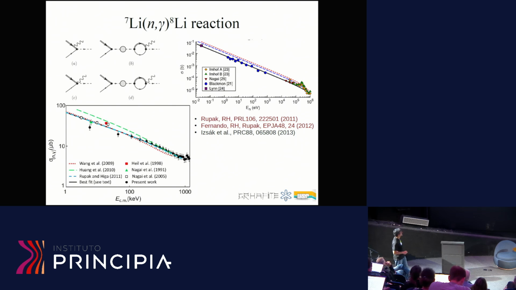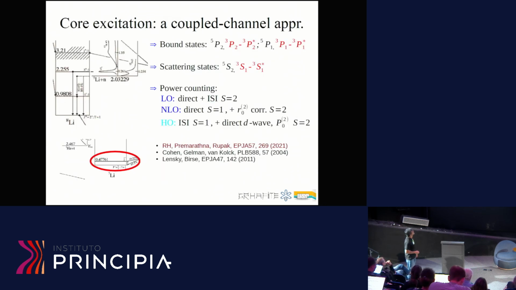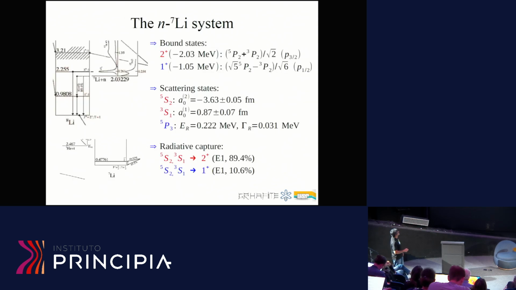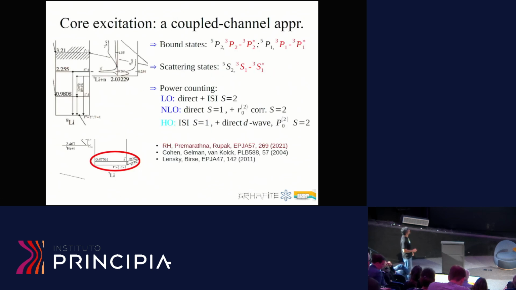And this was later confirmed by an experiment at MSU, that our theory is the one that is more compatible with the low energy data that was later measured. But there were complaints about our formalism because lithium-7 has a core excitation energy, which is not so large, all right? So we should, at some point, take that into account, and we did that.